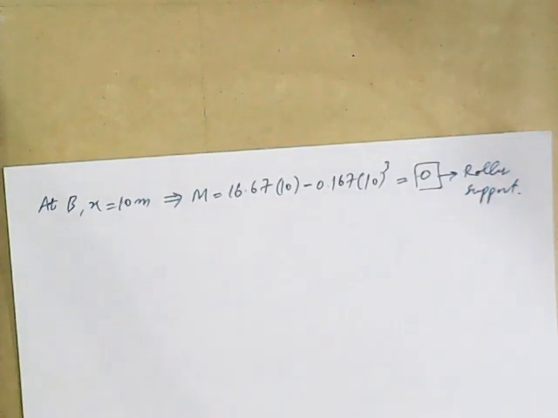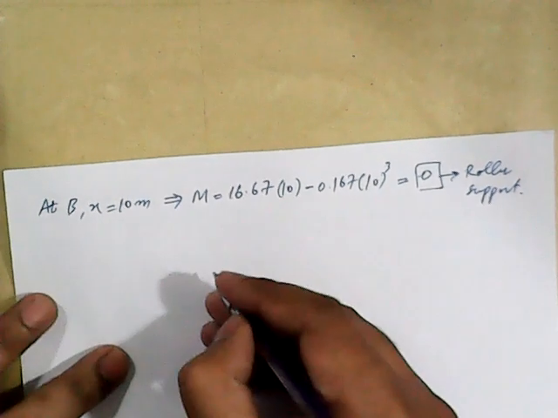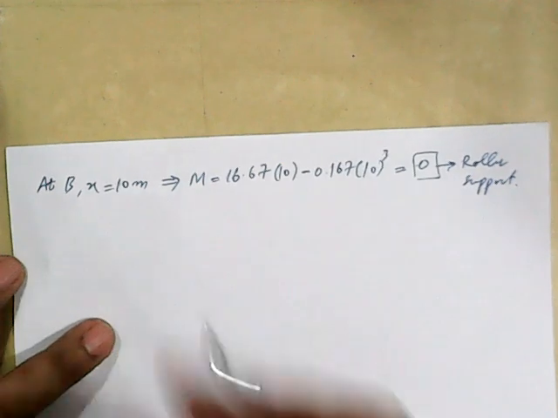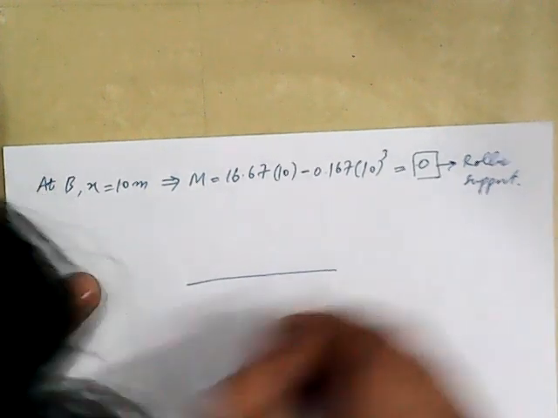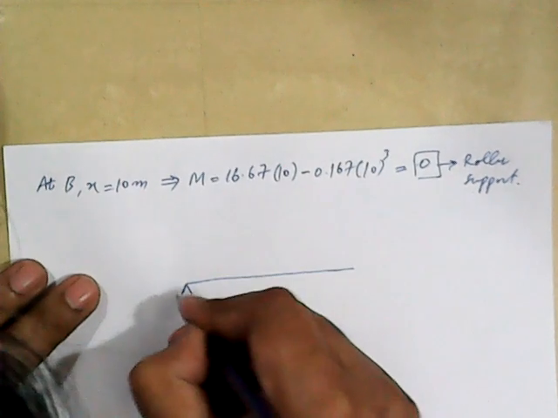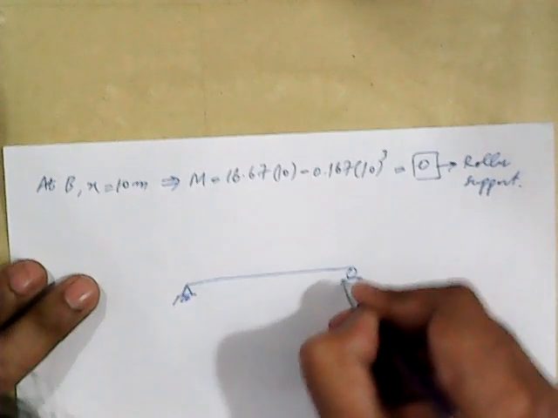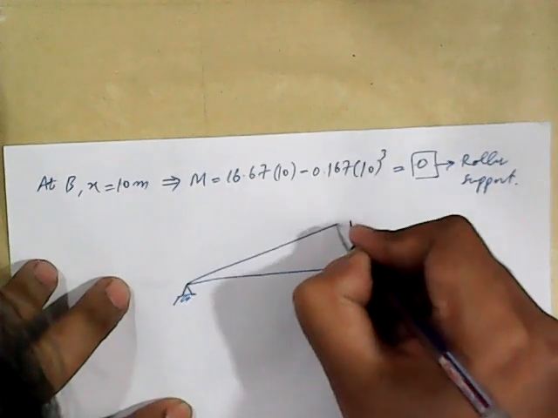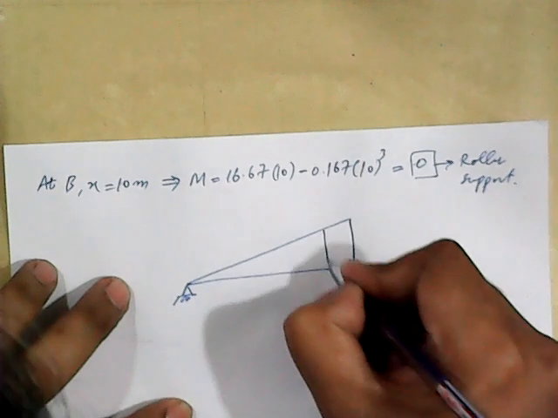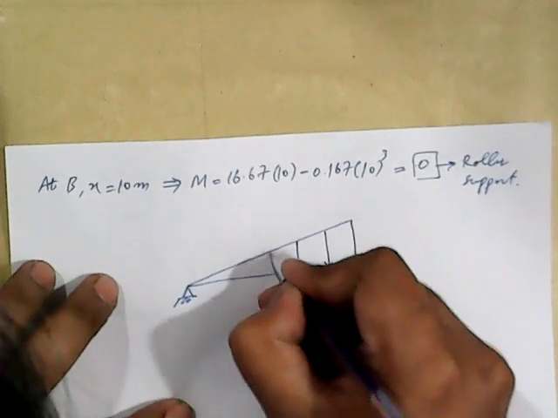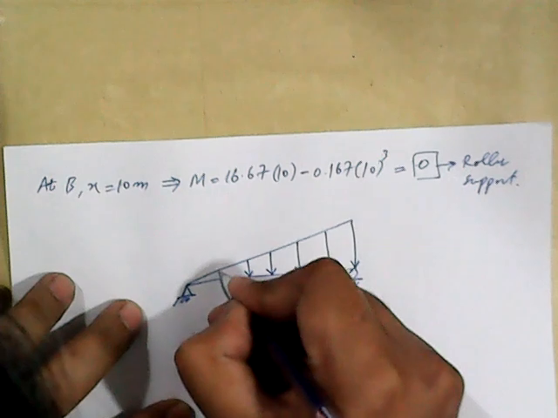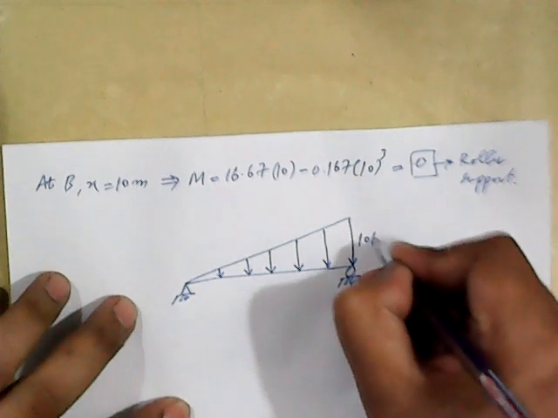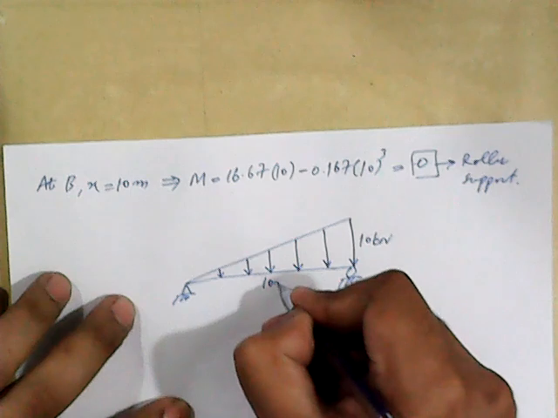All right, let me draw the beam here once again. So we have a simply supported beam subjected to a median load, which is 10 kilonewton per meter, and the span is 10 meters.